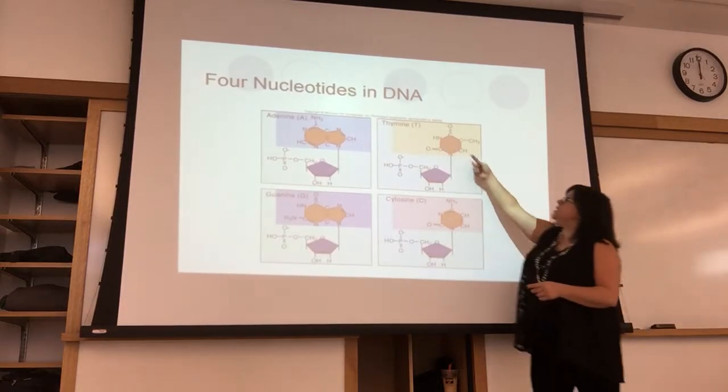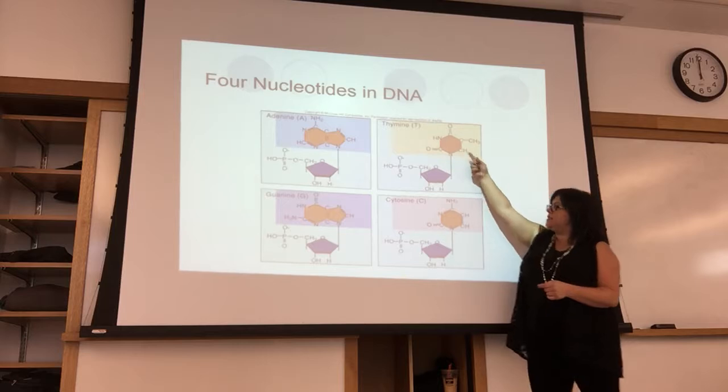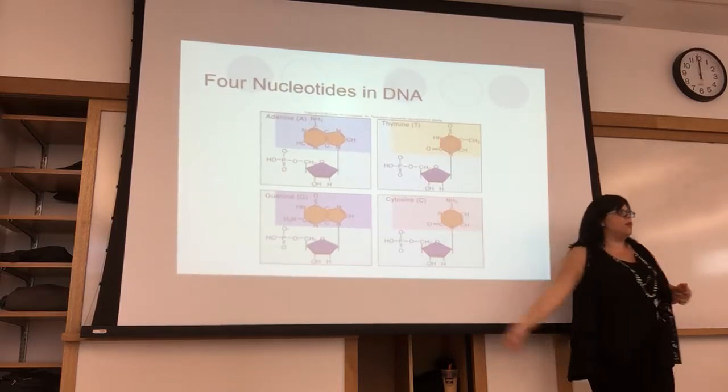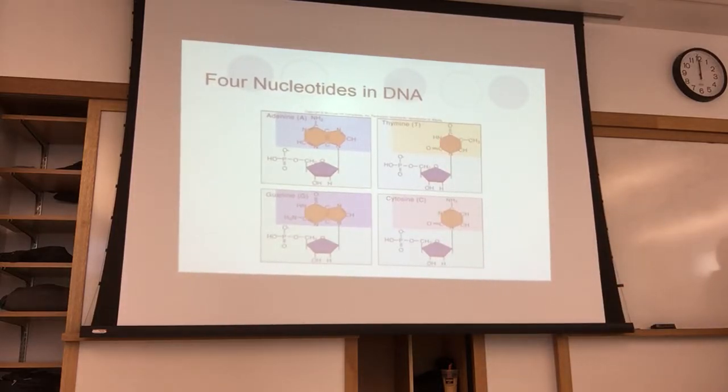If you can't recognize the T, the thymine base, from the cytosine and so on, you should at least know which ones are purine bases and which are pyrimidine bases. The purine bases have 2 rings, and they're the adenine and the guanine. Those are purines.